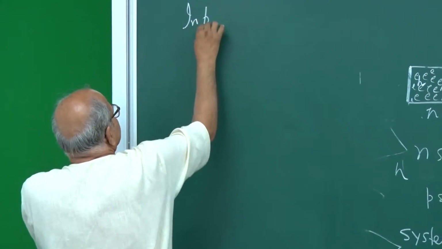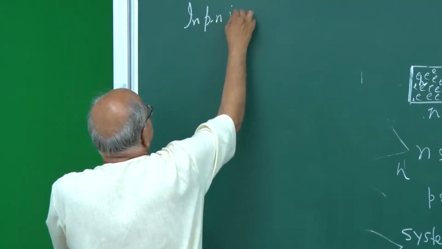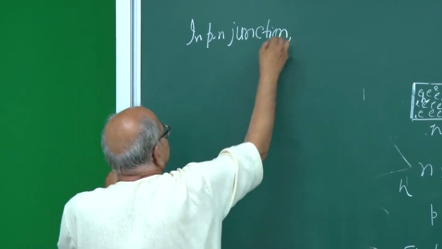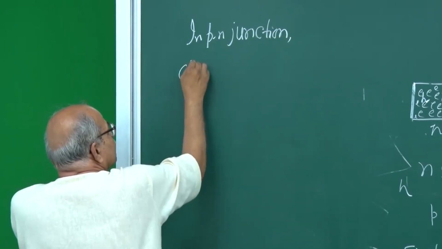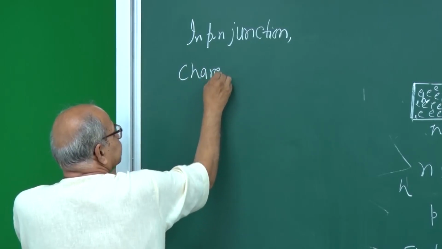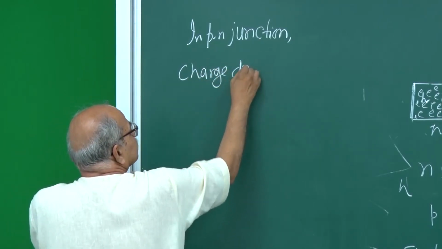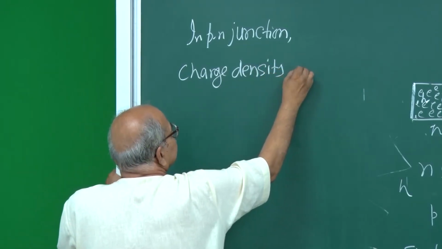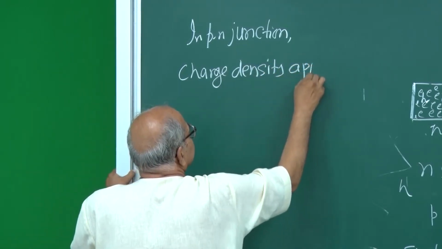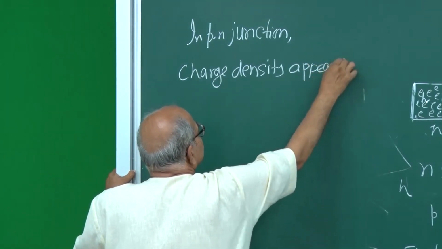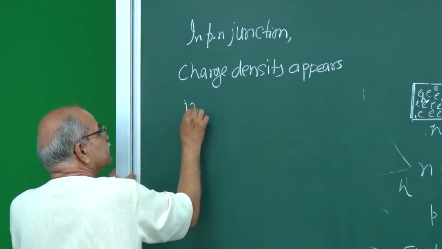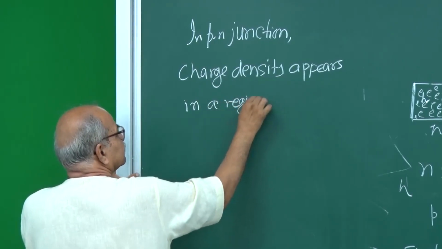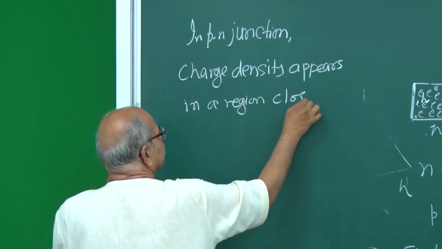So, in a p-n junction, charge density appears in a region close to the junction.